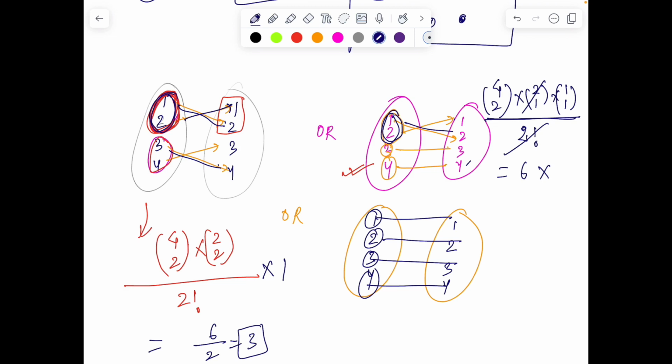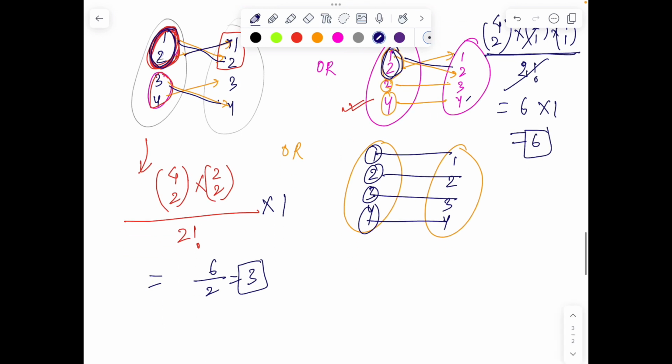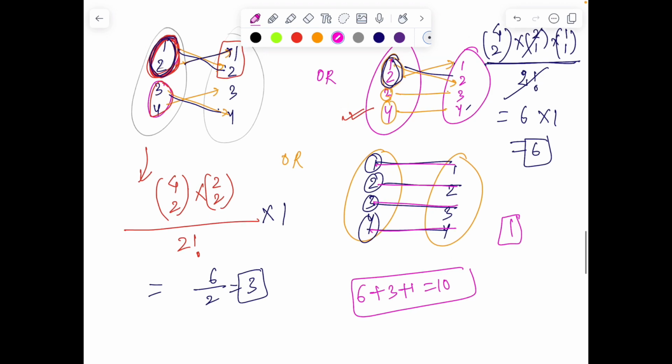Once I have selected the group, there is no other way because 1, 2 has to go to 2, 1, and 3 will go to 3. So we have 6 possibilities here. In the last case, when 1 is going to 1, 2 to 2, 3 to 3, and 4 to 4, we have only one possibility. The total number of answers that we are getting is 10.